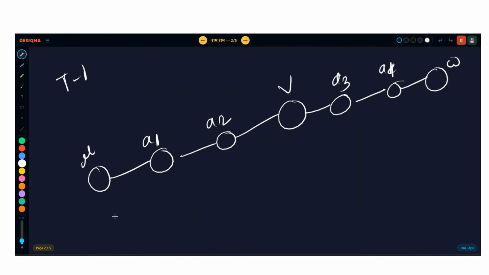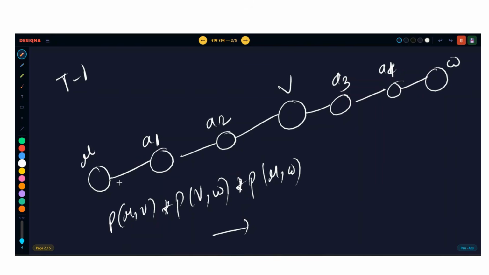So if you try to write the multiplication, what is going to happen? P of U comma V multiplied by P of V comma W multiplied by P of U comma W. What will it be? AU into A1 into A2 into AV.